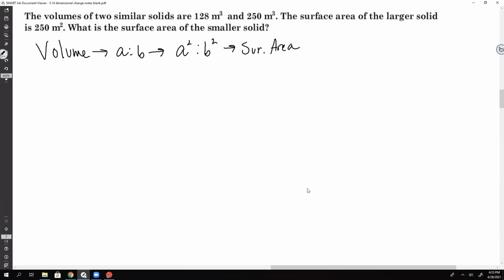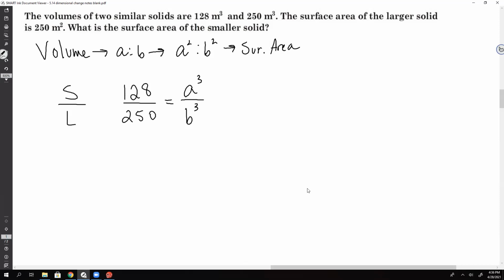So for volumes, they give us the small one and the big one, so I'm going to do small over large. The volume of my smaller one is 128, and the volume of my bigger one is 250. And remember, that's A cubed to B cubed. First thing I need to check is, can I reduce 128 and 250?